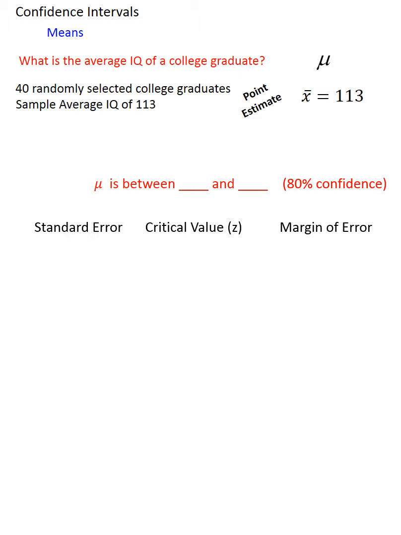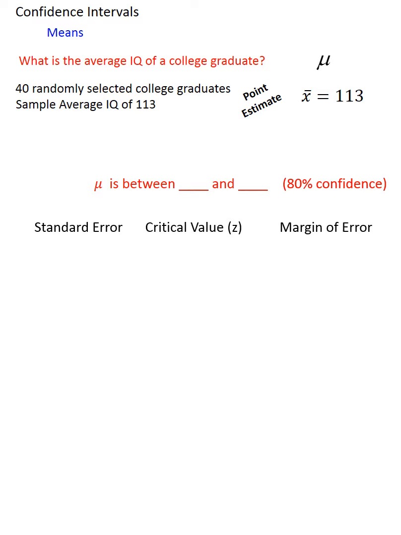First, standard error. A standard error is, in some sense, a measurement of how far off my point estimate is from my actual population average. In other words, the standard error gives me a sense of how far X bar may be away from mu.